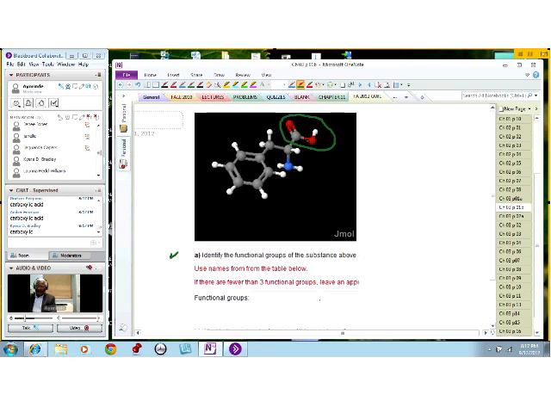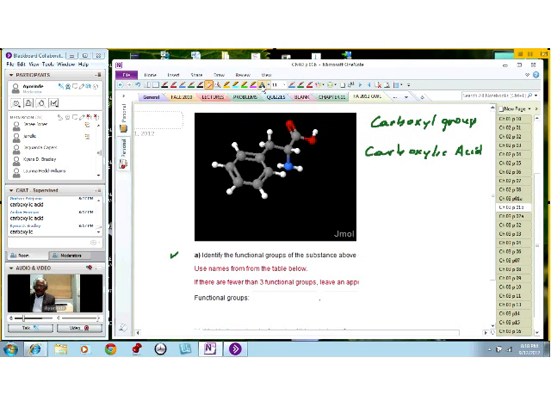Carboxylic acid, excellent. The functional group is called the carboxyl group, and the class of compound is carboxylic acid, just like you guys already told us. Okay, very good. Now let me take that off.